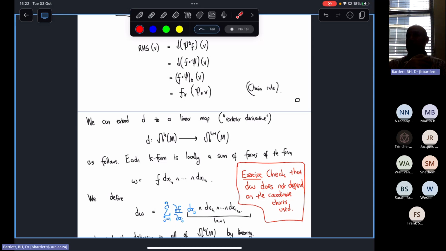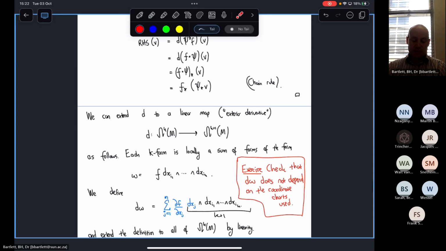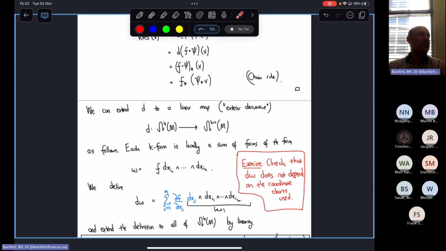When you do that, you'll pick up a certain matrix, the determinant of a certain matrix, and that would then cancel with the change of variables formula for these partial derivatives. So that's the idea. But you have to check that. Okay, so that's the definition of how to take the exterior derivative of a k form to produce a k plus 1 form.